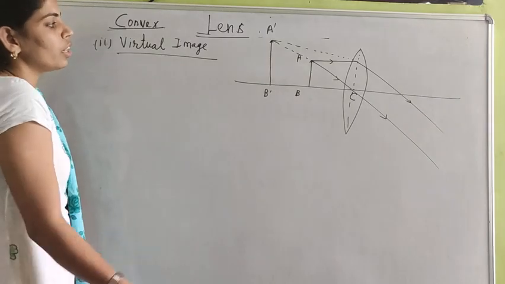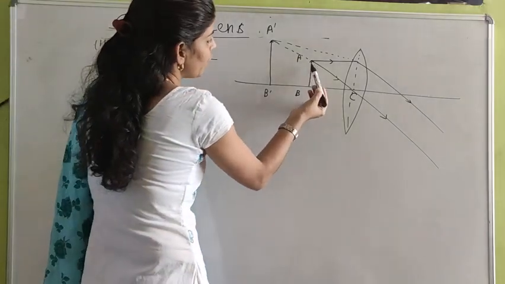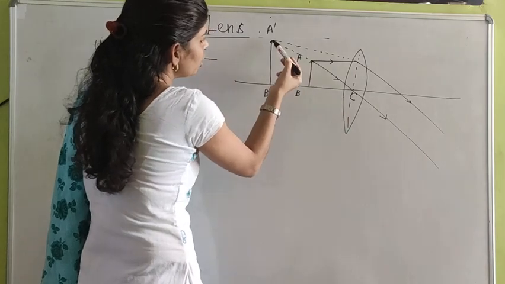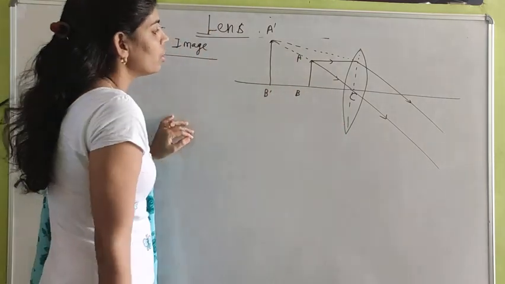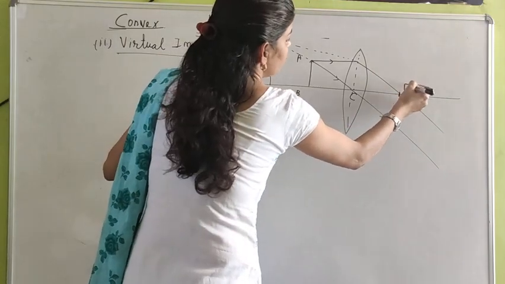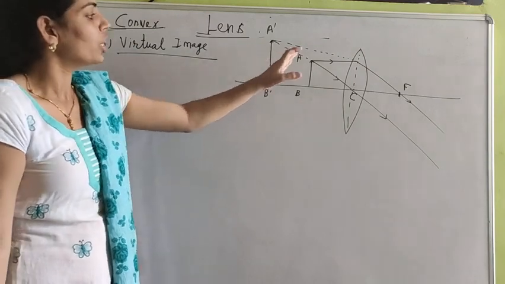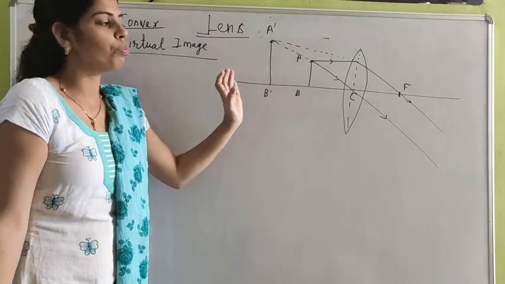Now we will start our derivation. As you can see, the triangles A B C and A dash B dash C are similar triangles, therefore the ratio of their sides would also be equal.